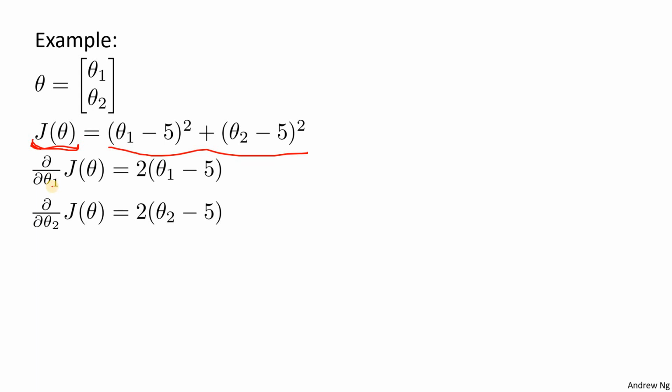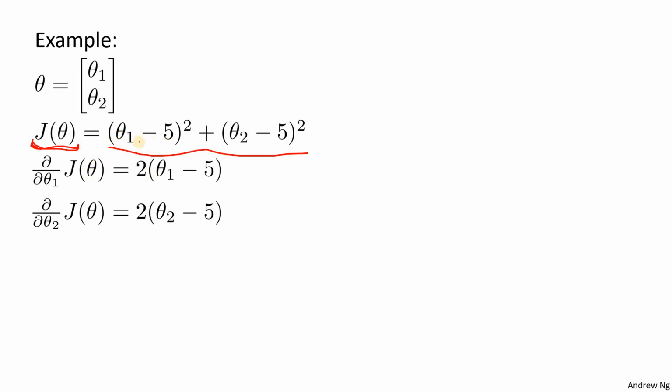Remember, the partial derivative is taken with respect to one parameter at a time. It is called partial because we take the derivative for one variable, and the other variables are kept constant or fixed. So this partial derivative is with respect to theta 1, and at that time theta 2 is constant.